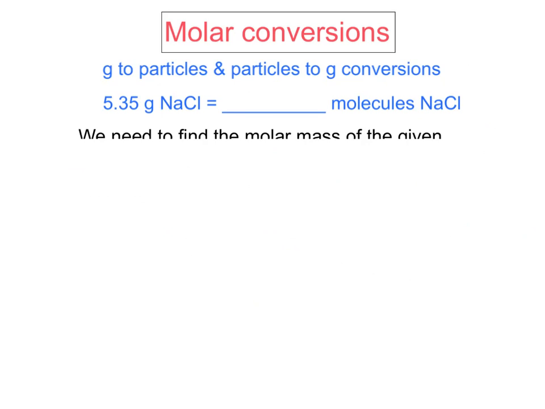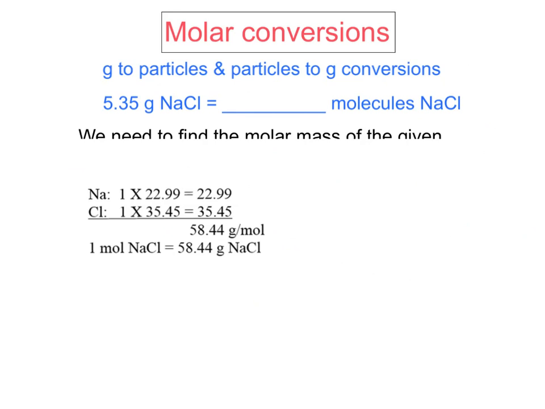So, just like in the first example, the molar mass of sodium chloride is 1 mole of sodium chloride equals 58.44 grams of sodium chloride. But since we don't stop at moles this time, we're going to go to molecules. We also need one more piece of information, and that is Avogadro's number. So we're going to go ahead and start.